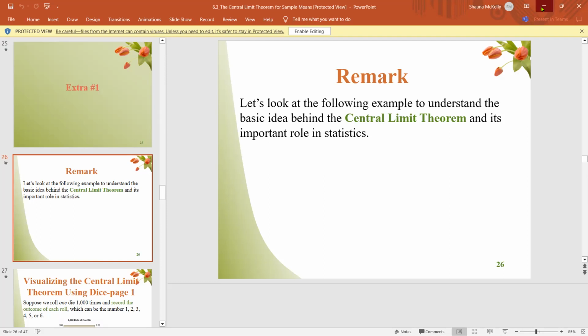Hold on, let me go back to the modules and make sure, because yeah, we should be doing T distributions for this.